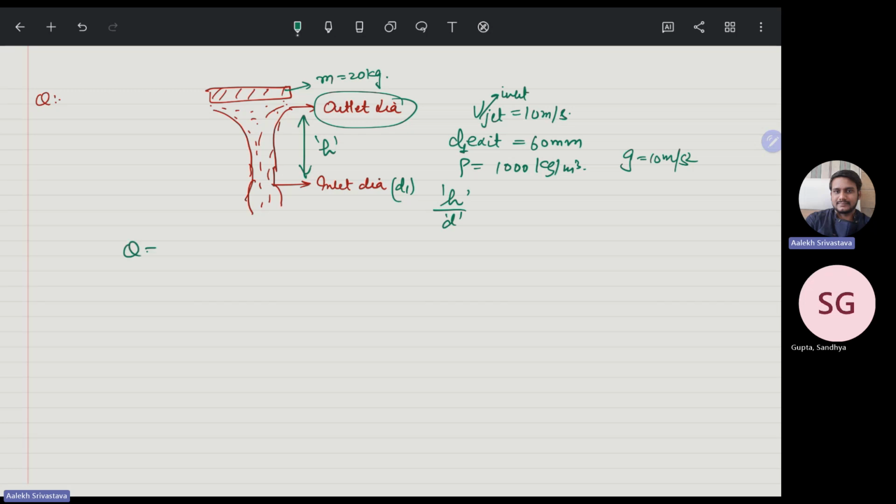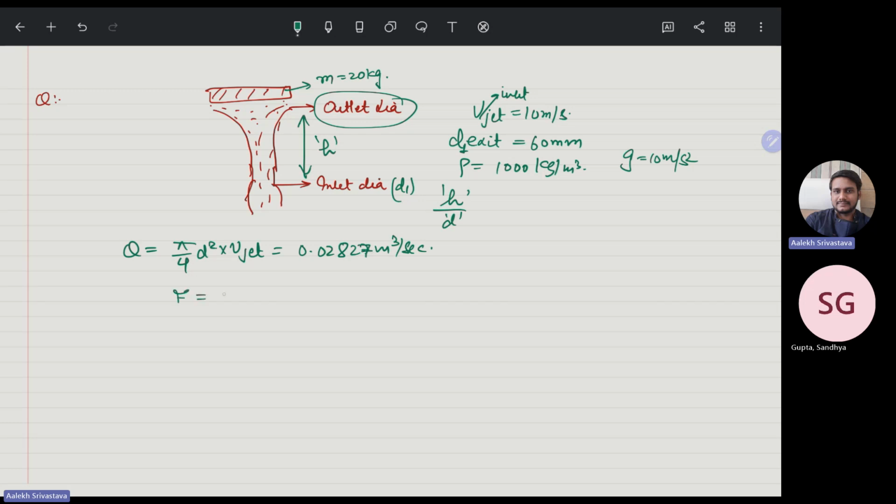So first, what is the volume flow rate? Pi by 4 d square into v of jet. If you solve, you will get 0.02827 meter cube per second. And if you say that the flow is incompressible and density is not changing, the force exerted by the jet will tend to lift the plate.